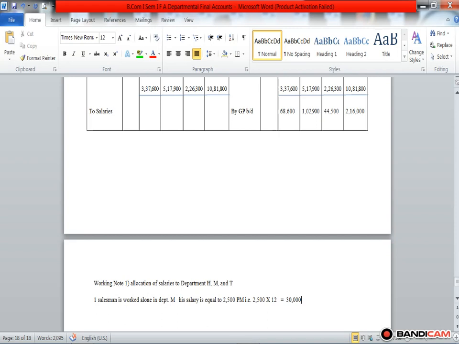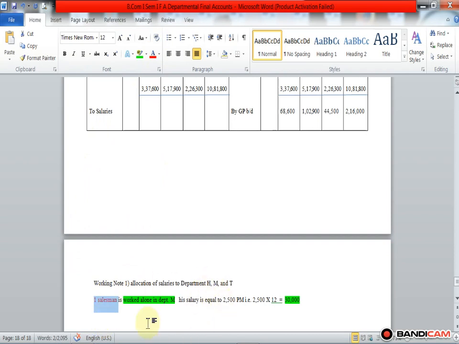So the yearly salary of one salesman is 30,000. So 30,000 is the salary of one salesman who worked in Department M alone.